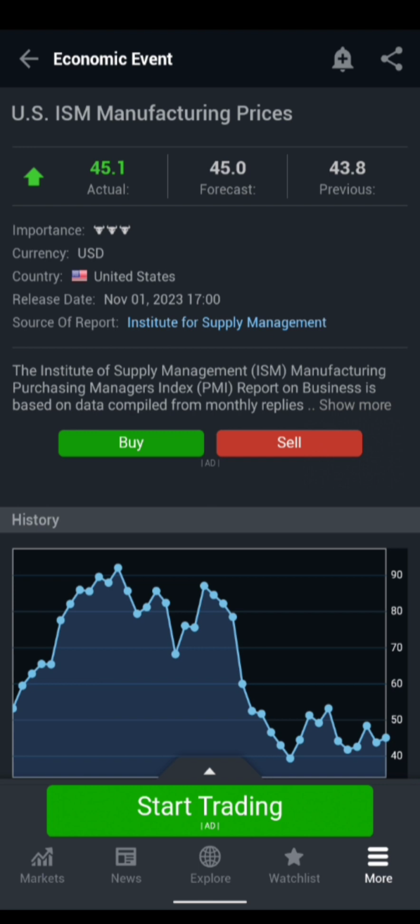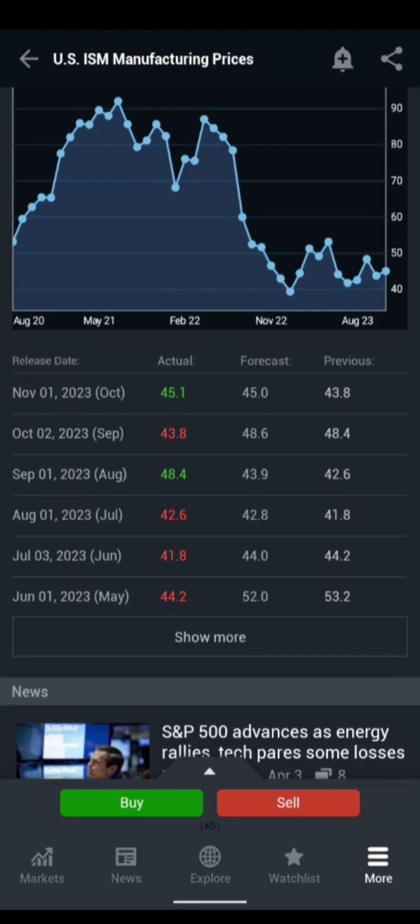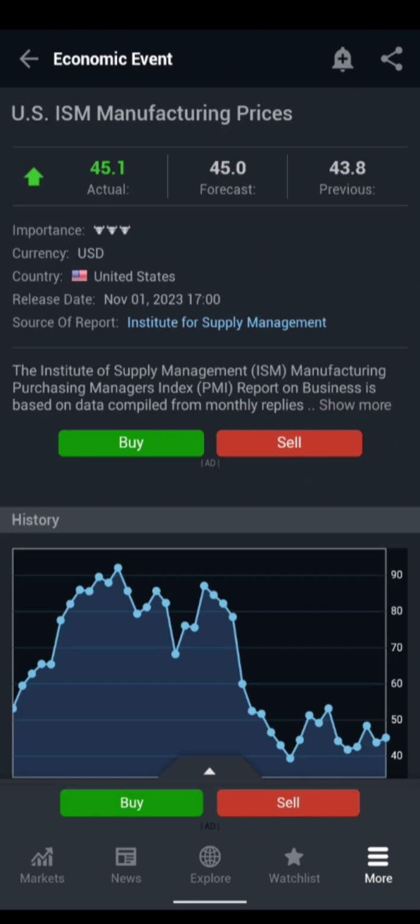So any pair that has USD, if it responds positively to this news, it will go up, and if it responds negatively, it will sell. If the deviation is big, the event has a bigger impact. Here it gives you a breakdown of what exactly this event is.